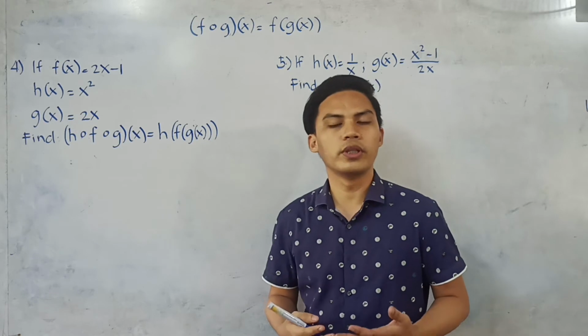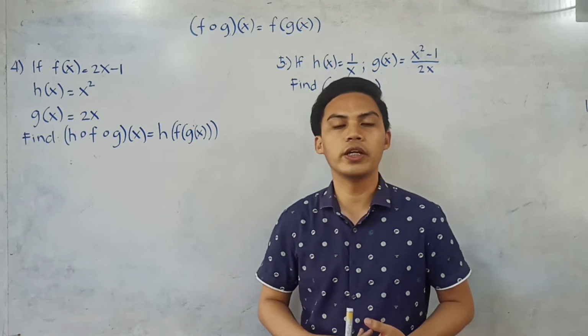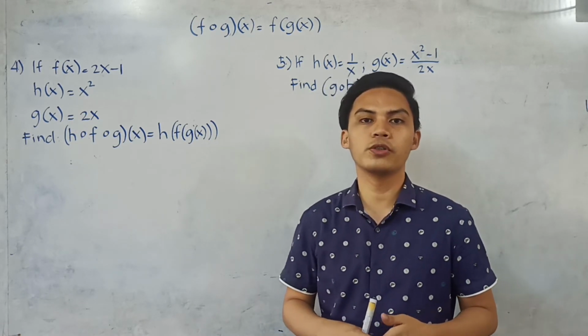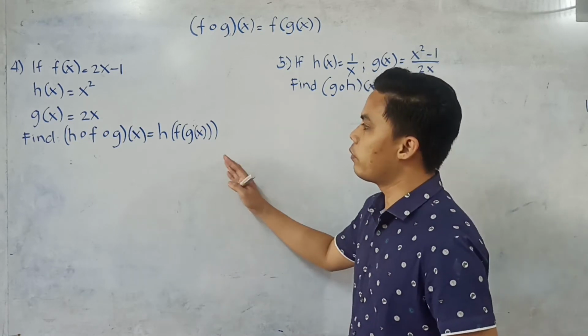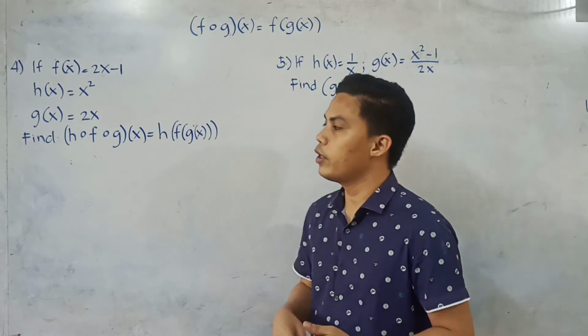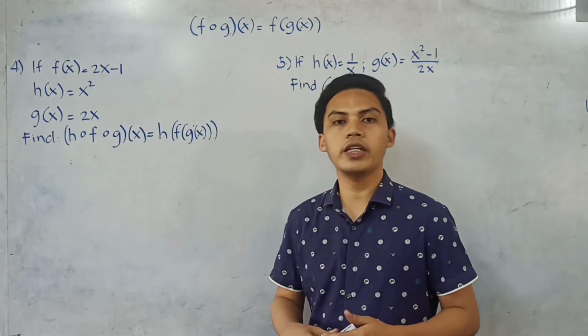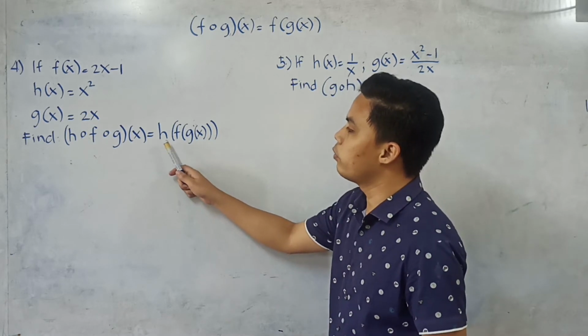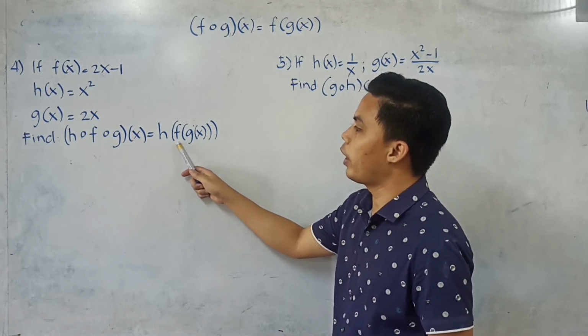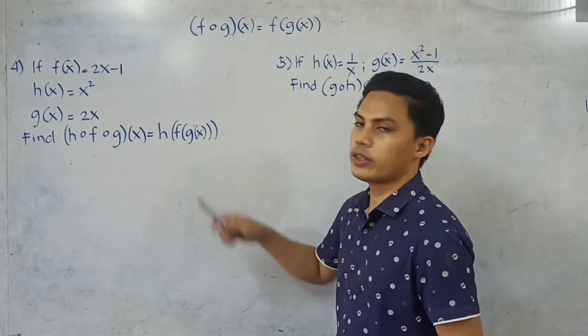Okay, so not all the time, dalawang functions lang yung given. Pwede, ng composition of function could be 2 or more functions. So in this case, we have 3 functions na given. We have f of x, h of x, and g of x. So again, yung kukunin natin is yung composition ni h of f of g of x.